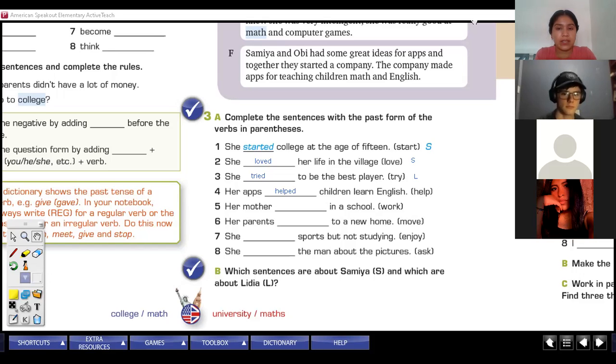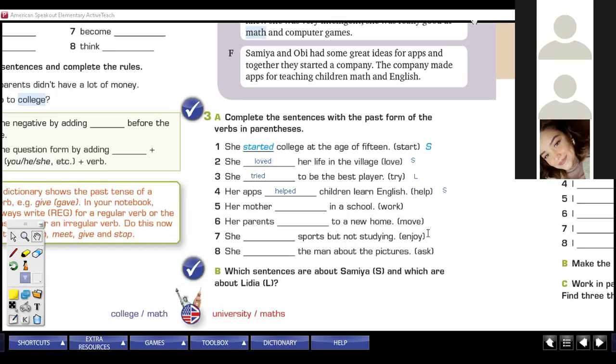Samia. Very good. Number five. Fatima? Her mother worked in a school. Very good. And this is of Samia or Lydia? Samia. Very good. You still remember, guys. Good job. Okay, number six. Giuliani?